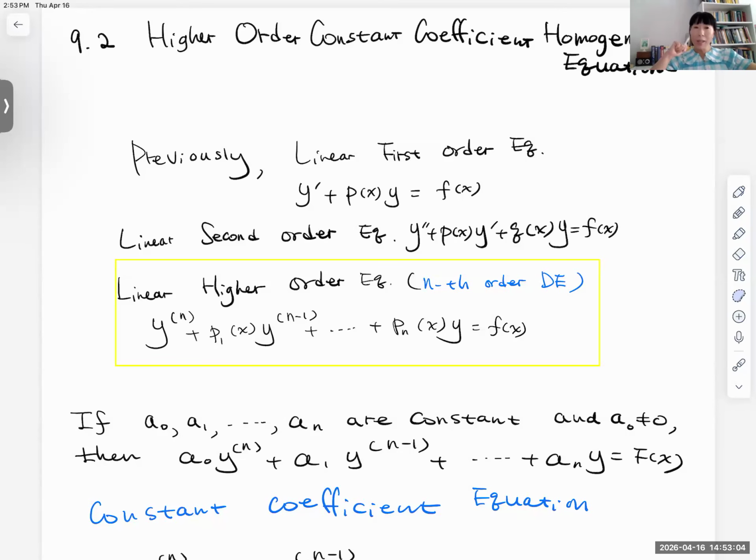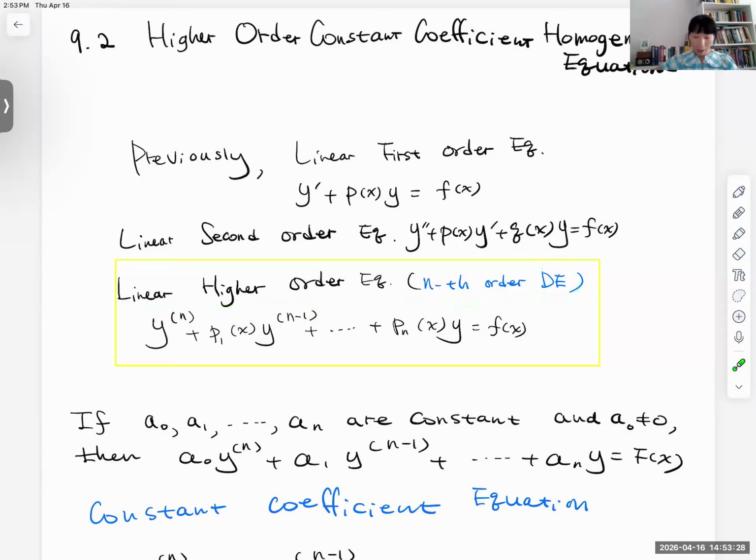Hi everyone, today we are going to learn 9.2, higher order constant coefficient homogeneous equations. Okay, so in 9.1 previously we learned the linear higher order equation, right? The nth order differential equation.